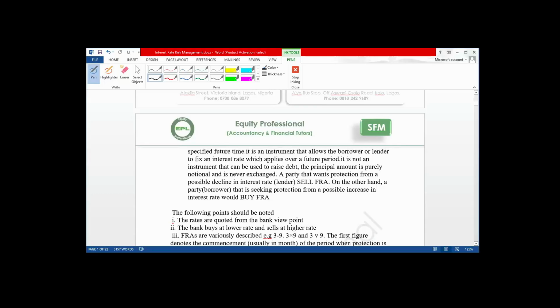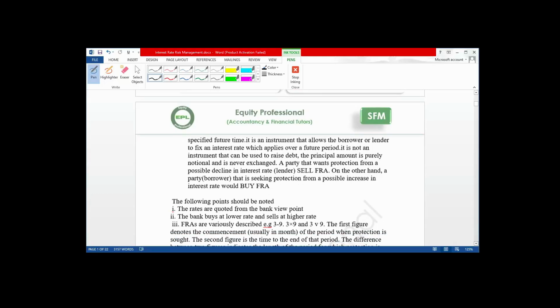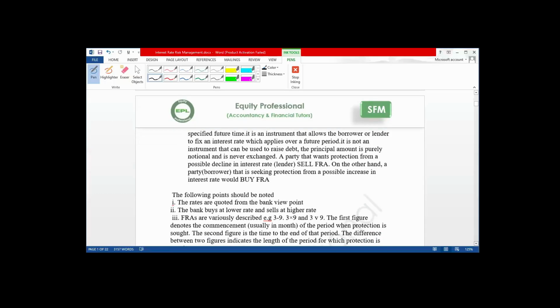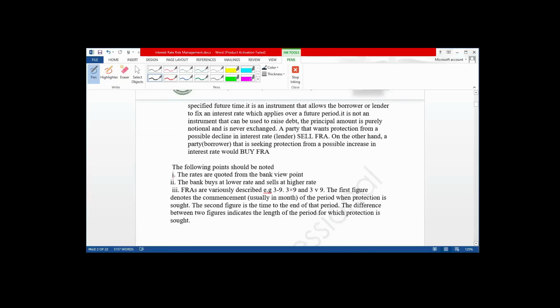The bank buys at a low rate and sells at a higher rate. So please notice, when the bank is buying FRA, the bank will buy at a low rate. When the bank is selling FRA, the bank will sell at a higher rate.